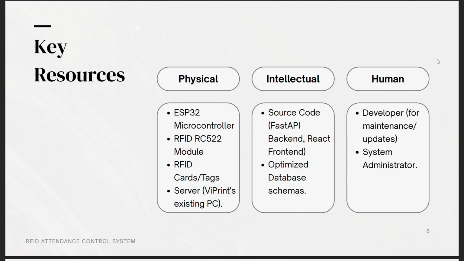For intellectual, we have the source code, which includes a backend created with FastAPI, and we use React for the frontend. Then we also have optimized database schemas. And the human resources: we are the developers for maintenance or updates, and the system administrator.